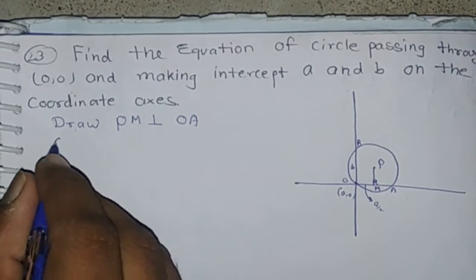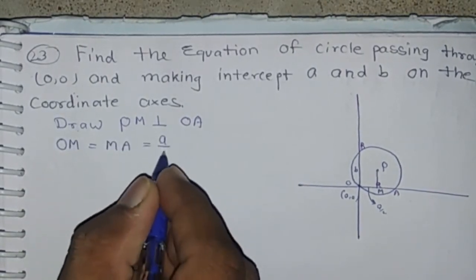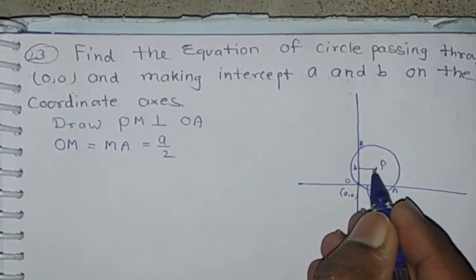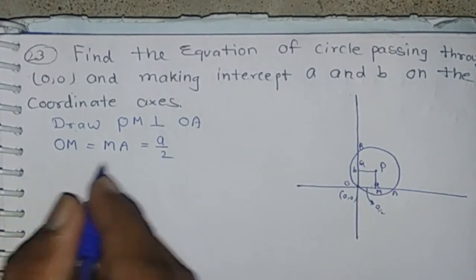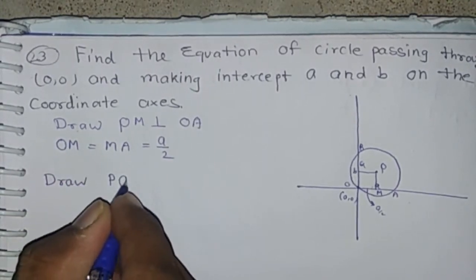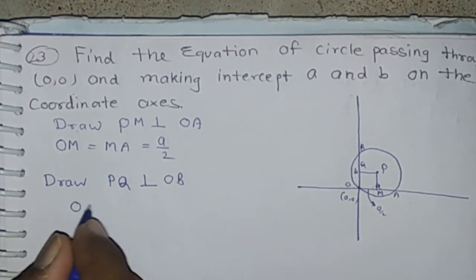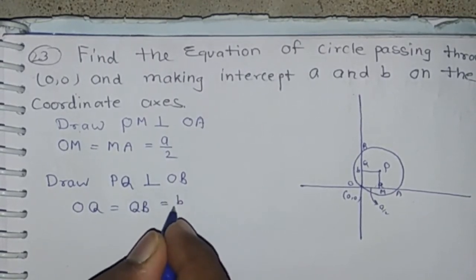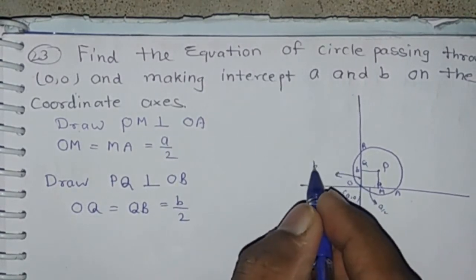We have OM equal to MA equal to A by 2, and if we draw PQ perpendicular to OB, we have OQ equal to QB equal to B by 2.